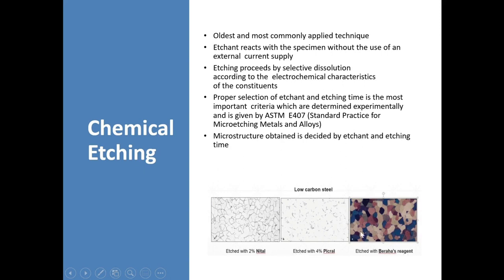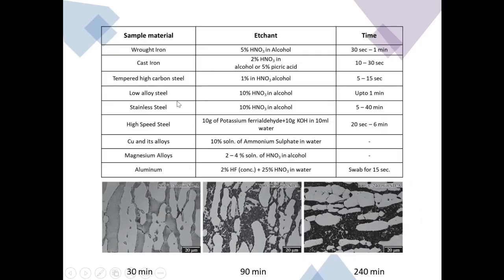If you observe the last diagram here, grains with different orientation are observed, and here a few grains are visible with grain boundaries. Although 2% nital is better than picral, different types of etchant for different materials can be used with etching time.